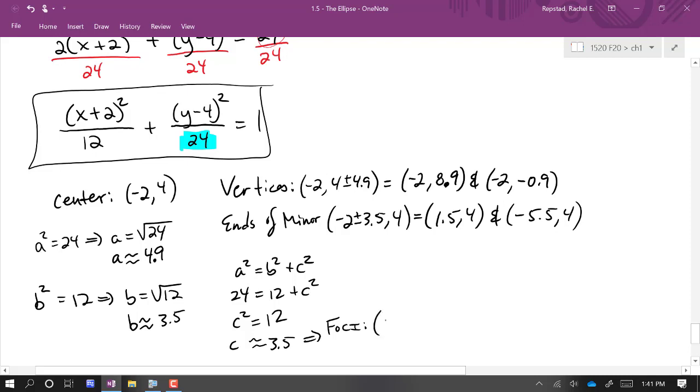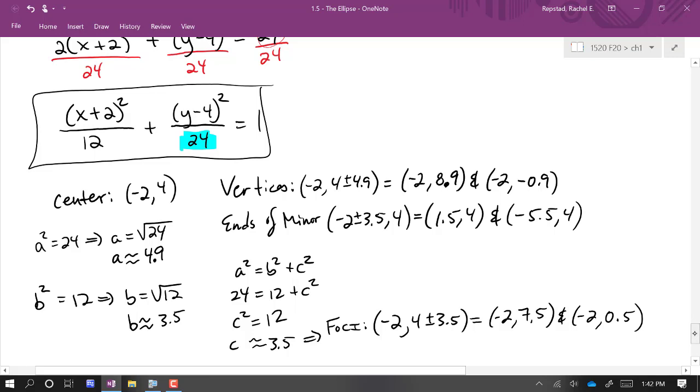So I'm going to have the same x-coordinate, -2, and then I'm going to add and subtract 3.5 to the y-coordinate of the center. So 4 plus or minus 3.5. So that's -2, 7.5, and -2, 0.5. Okay, so we found the information that they asked us to find.